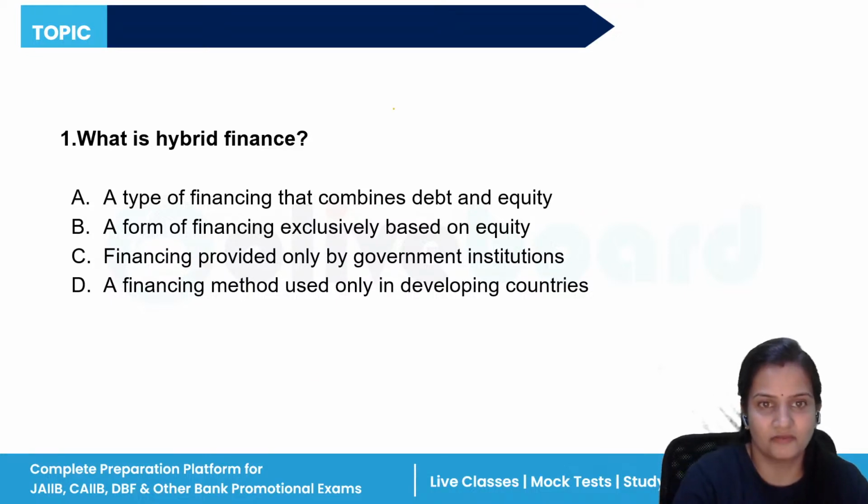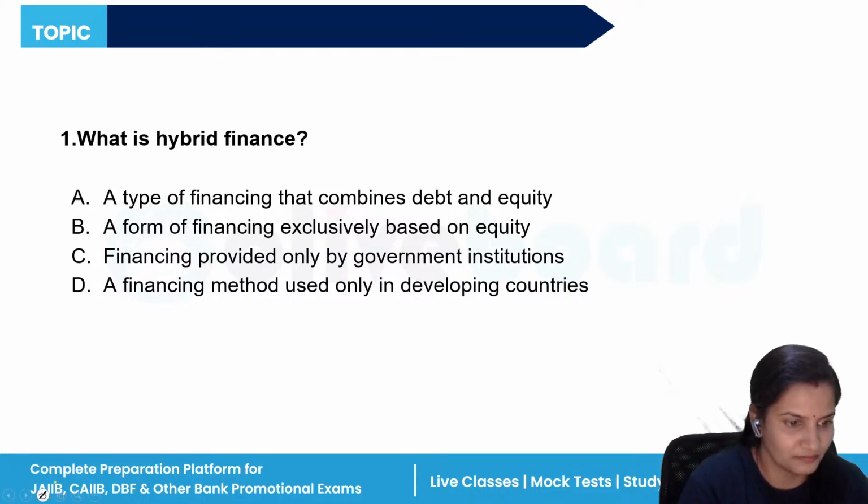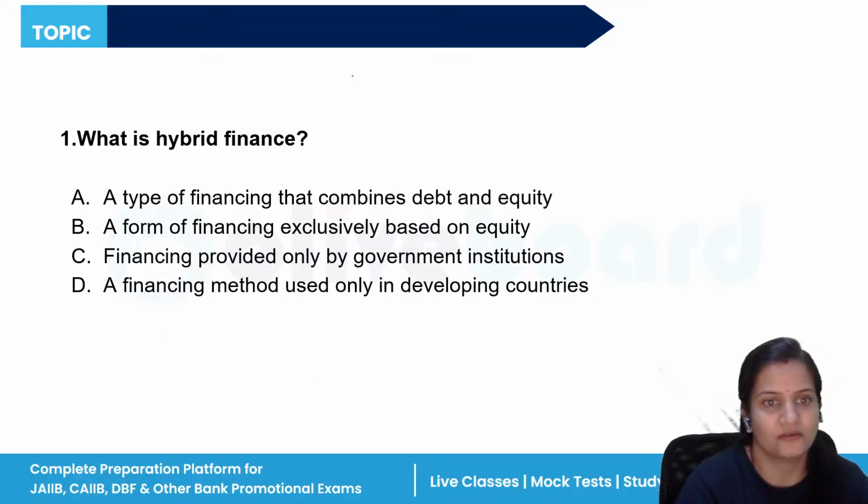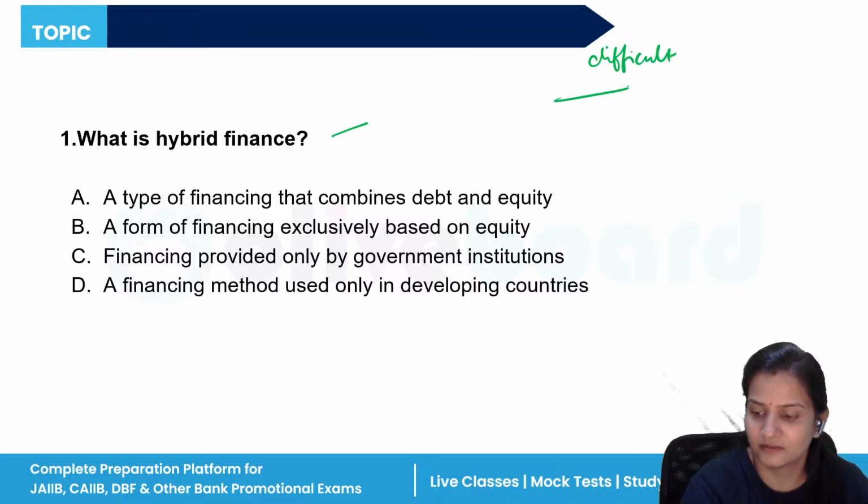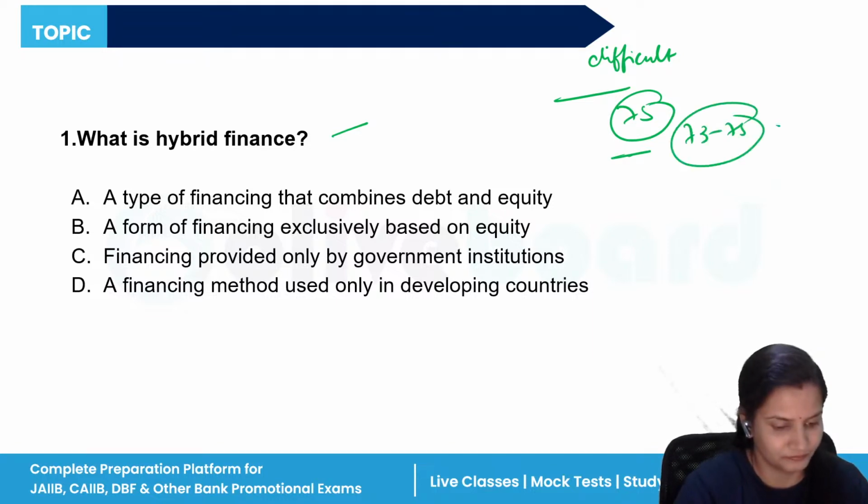So the very first question: what is hybrid finance? From the easiest to the difficult level, we will be ending this session. Clear? And we have 73, 75 questions in today's session. So now, what is hybrid finance?